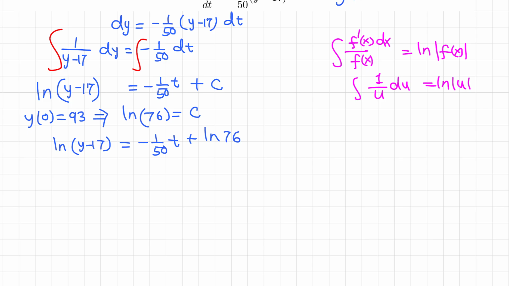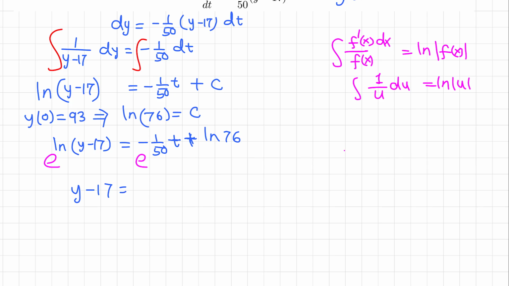We are supposed to isolate y, so this is y minus 17. Since we have natural log, exponentiate both sides. So e raised to the left-hand side, e raised to the whole right-hand side. e and natural log cancel. So y minus 17 equals, here we have two terms, e raised to something plus e raised to natural log of 76.